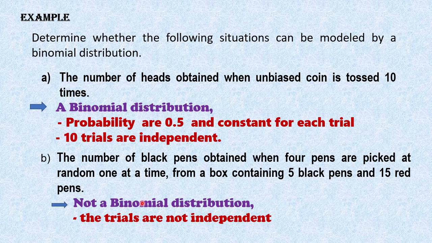So this is not a binomial distribution because for each trial, every time you want to pick a pen, the probability is not constant, okay? Because you did not put the pen back into the box. So the trials are not independent, okay?